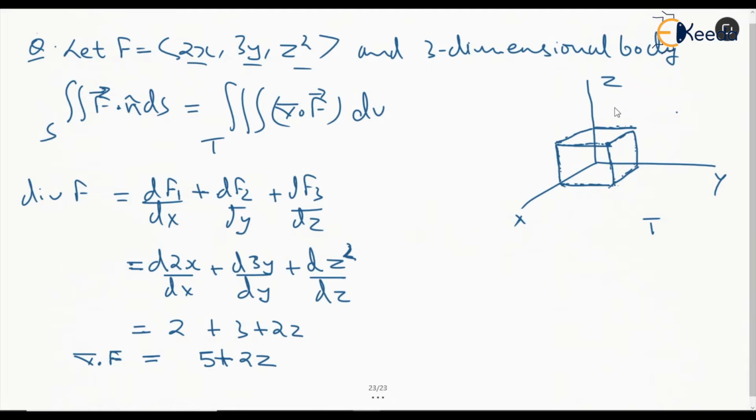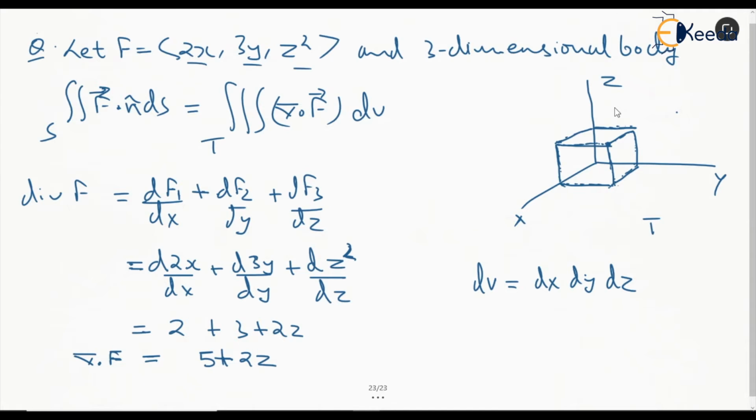right? Now we have to find the volume integral, and we can see that this dv for a cube is directly dx, dy, dz, right? And for a cube or a cuboid, the x, y, z components are going to be independent from each other.